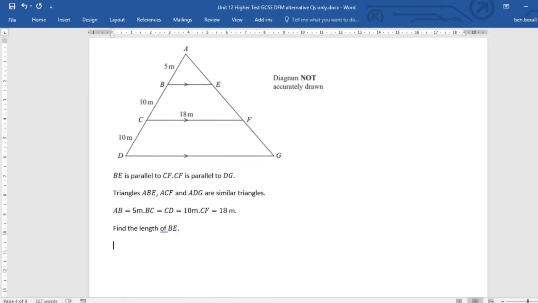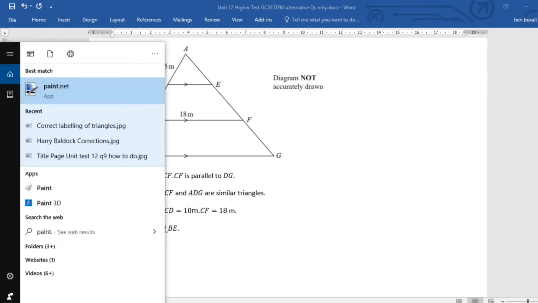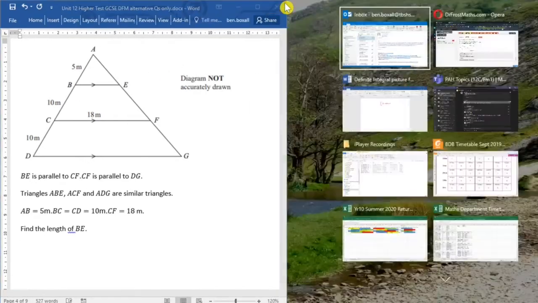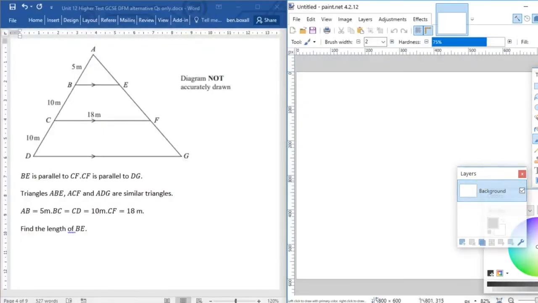Now then, we're going to run into a bit of a problem here because really I want to be able to draw these triangles. So I'm going to have to get a paint package on the screen. There we go.